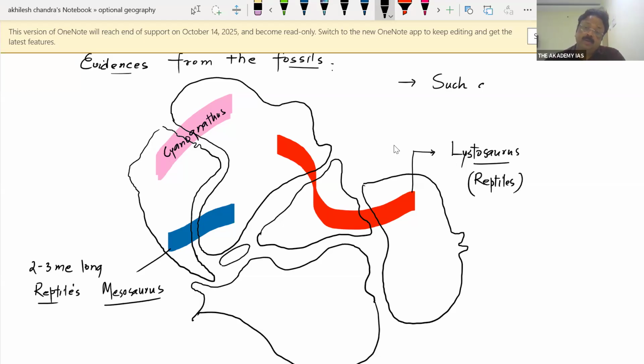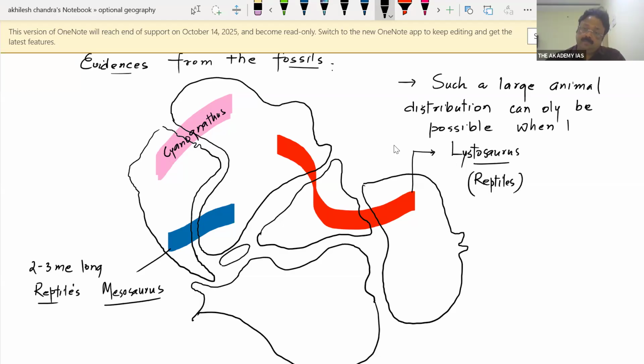Such a large animal distribution can only be possible when the continents were together.